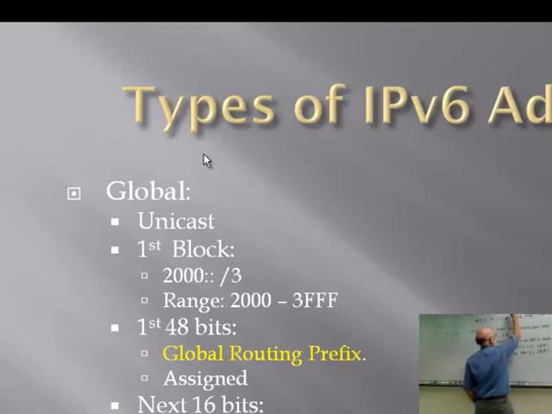The next 16 bits are the subnet ID. And now, the documentation that I used when I created this slide and talked about it, it says that gives you 16 bits for subnetting. You know, that's 2 to the 16th different subnets. Over 65,500 subnets, right?